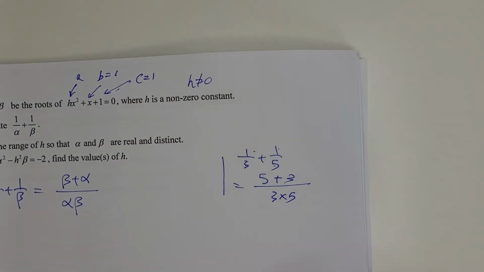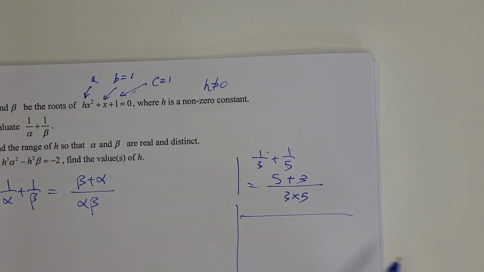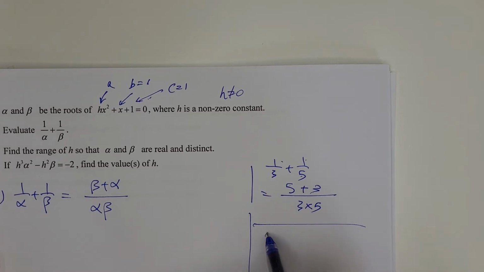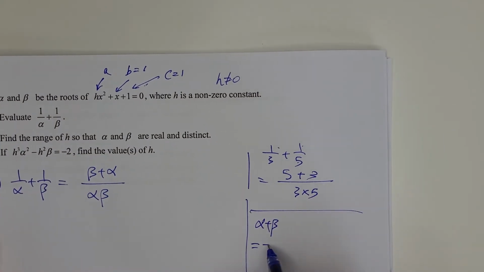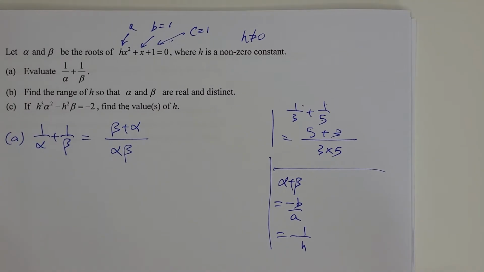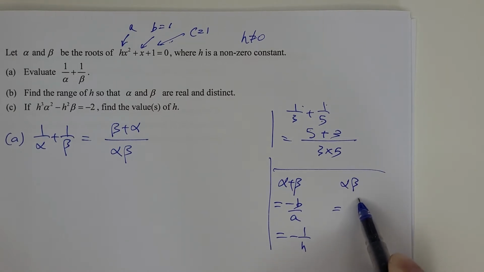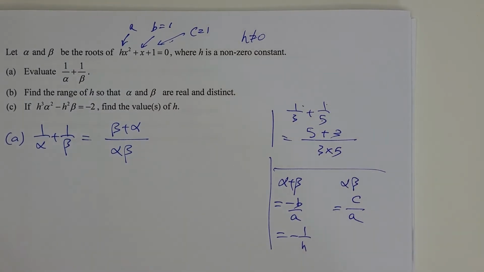And next, that's the key. When you are considering the sum of roots and product of roots, you apply the formula alpha plus beta equals negative b over a. So in here, that is negative 1 over h. And when you consider the product alpha times beta, it is the constant term c over a.